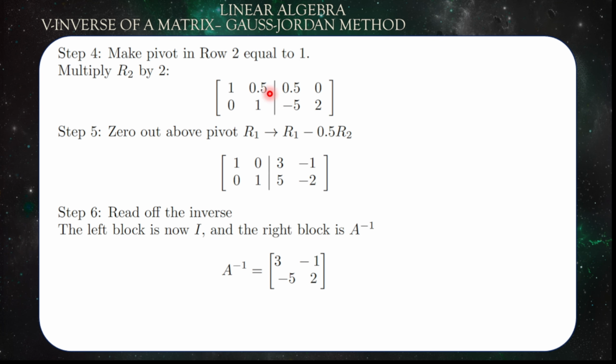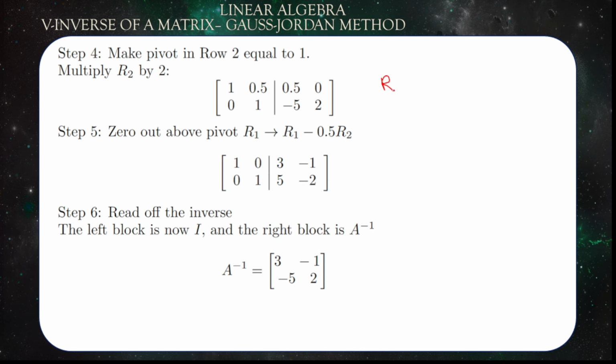All that remains to be done is to remove the 0.5 here so that we can get the identity matrix to the left. So how do we get rid of 0.5? We simply do the following operation: R1 is equal to R1 minus 0.5 R2.